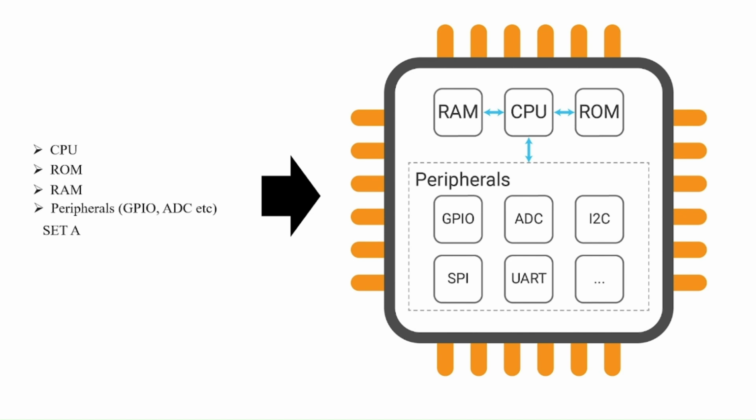So a microcontroller is nothing but just a combination of some basic components like CPU, ROM, and RAM. And also there are some peripherals like GPIO, ADC, I2C, or inter-integrated circuit, SPI, or you can say serial peripheral interface. Okay.